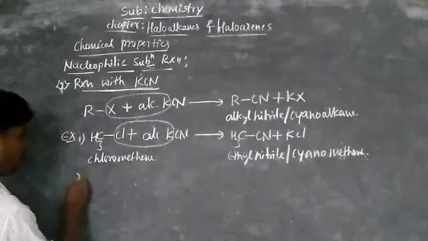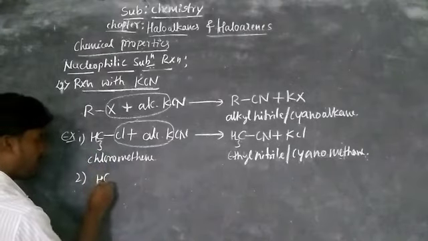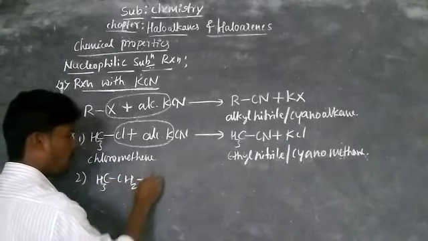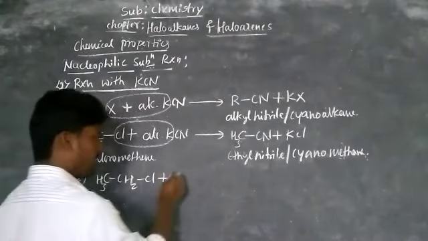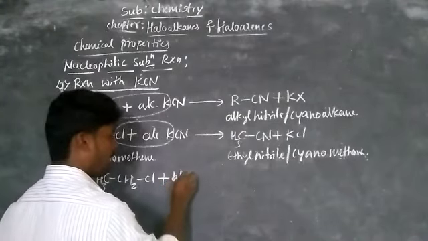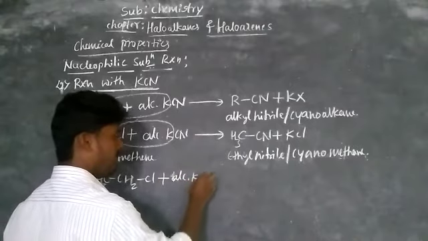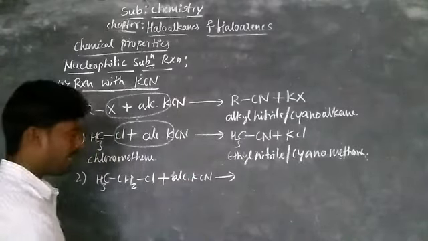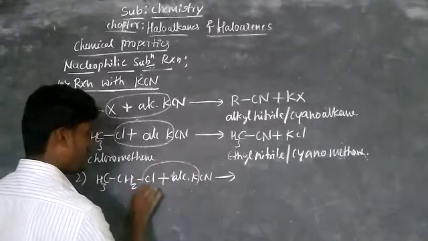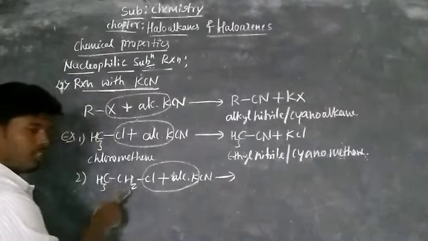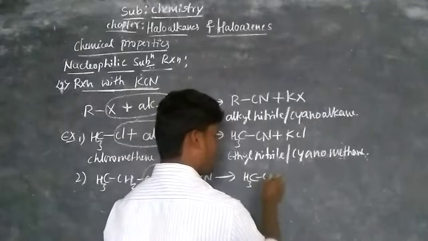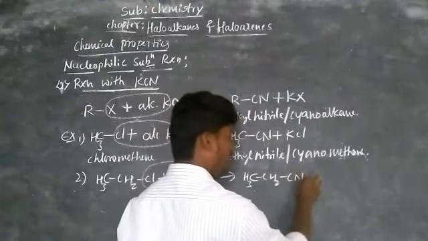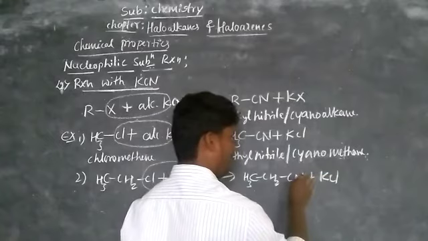Similarly, take one more example. Take CH3 bond CH2 bond Cl, that is called chloroethane, which is treated with alcoholic KCN. So what you get, the resultant product, K and Cl becomes KCl, and you get CH3 CH2 bond CN plus KCl.